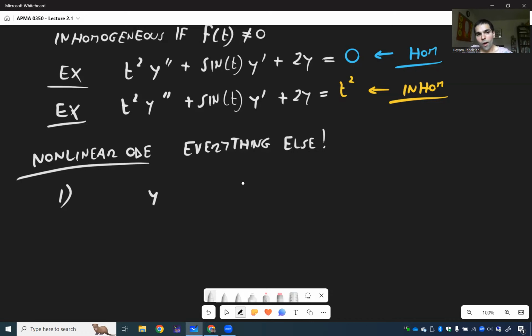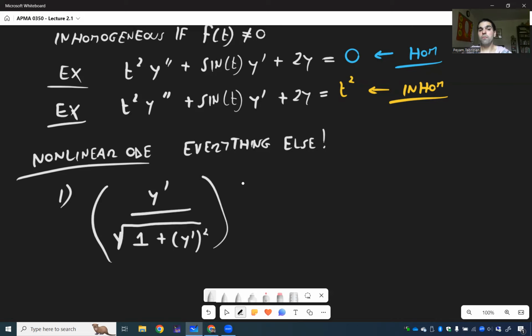So take y prime, okay, not too bad, divided by square root of 1 plus y prime squared. Ooh. And not only that, take this whole monster, differentiate it, and set it equal to 0. And you may ask, who in the world would come up with this?